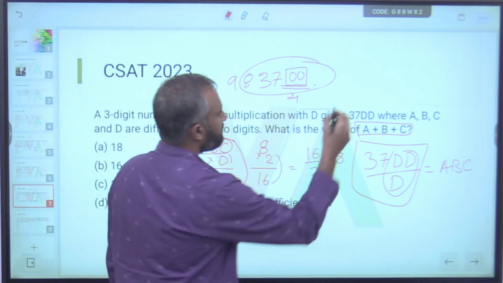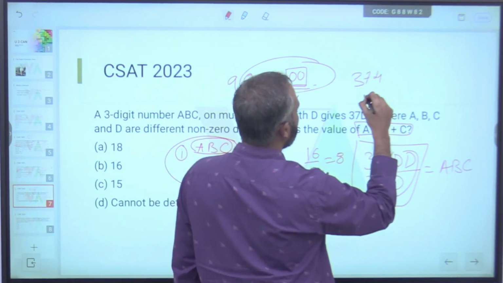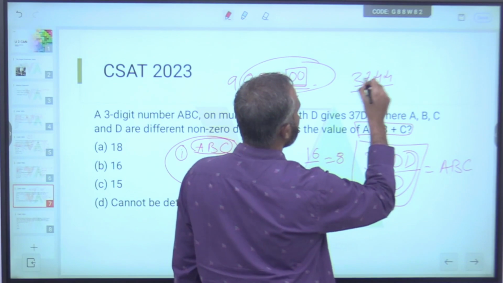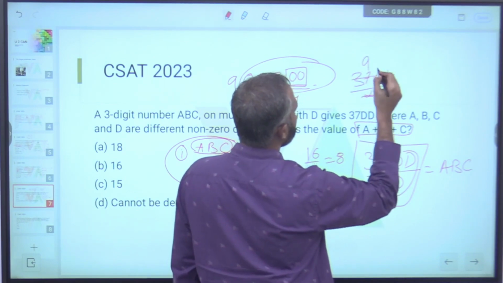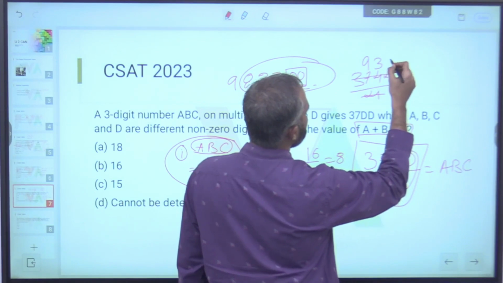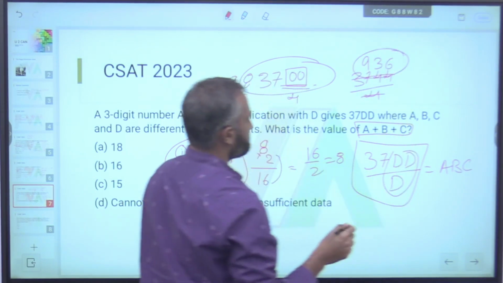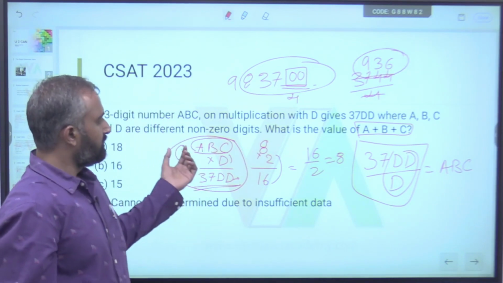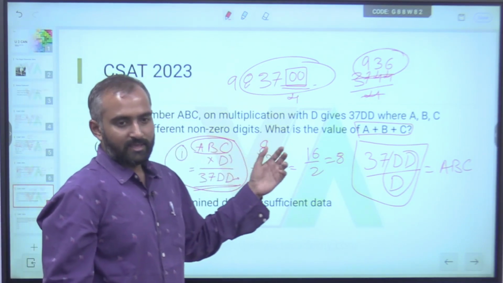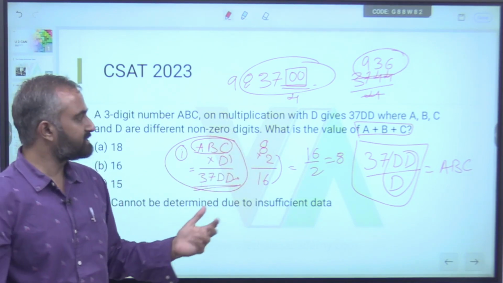So try it. 3744 divided by 4 gives 936. But apart from this way, if you go in any other way, it leads to complications.